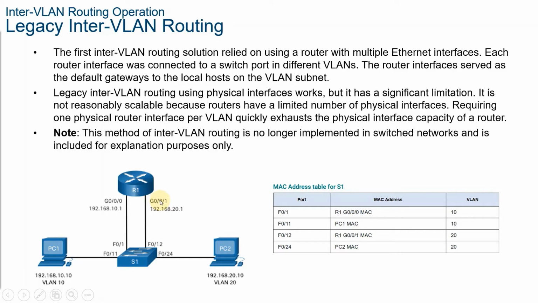So what if there were 6 or more VLANs to interconnect? That's a problem, because a separate interface would be required for each VLAN. Obviously, this solution is not scalable. Imagine if you have 20 VLANs, then you need 20 physical interfaces.